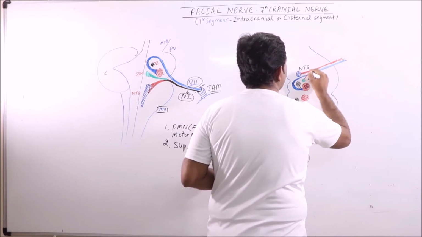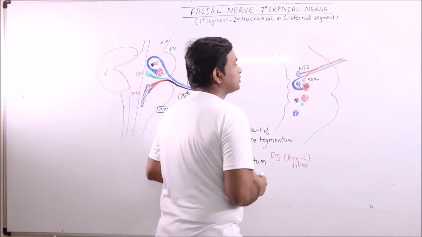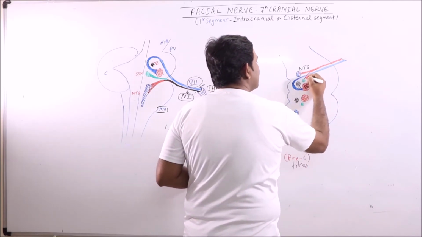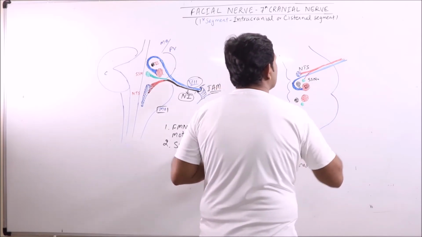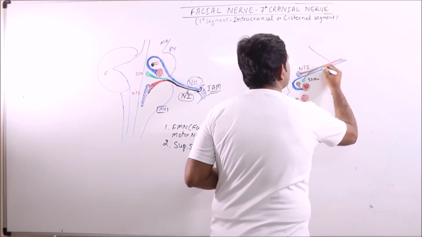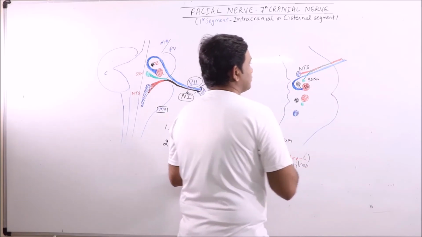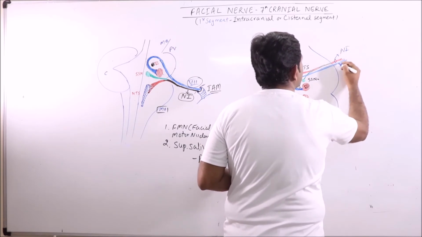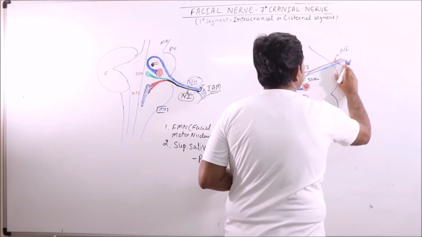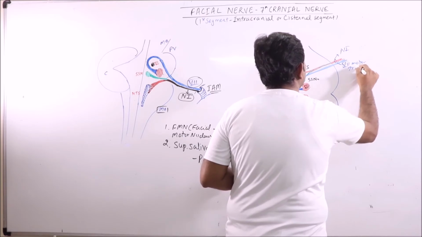The sensory fibers from the anterior 2/3 of the tongue will come towards the nucleus tractus solitarius, and the preganglionic parasympathetic fibers from the superior salivatory nucleus will enter the common nerve, and this is known as nervus intermedius, and this one is the 7th motor trunk.